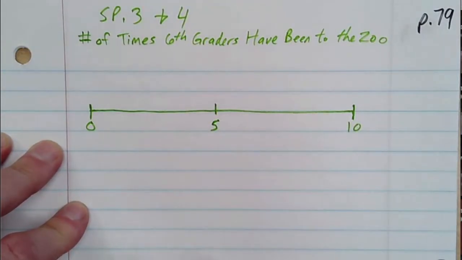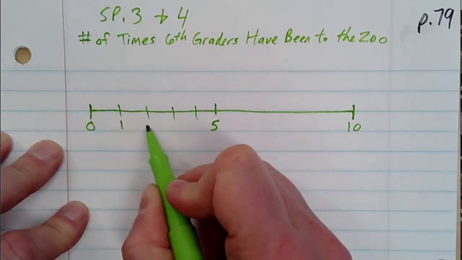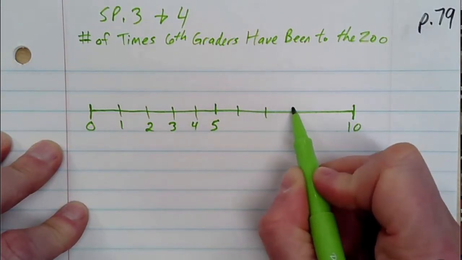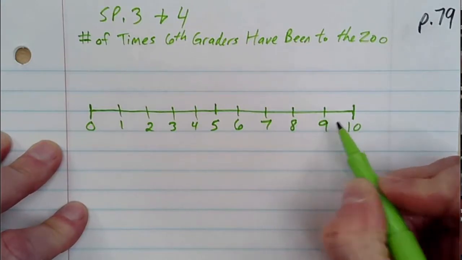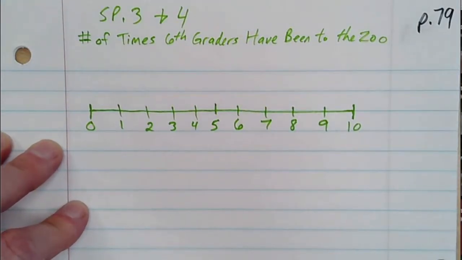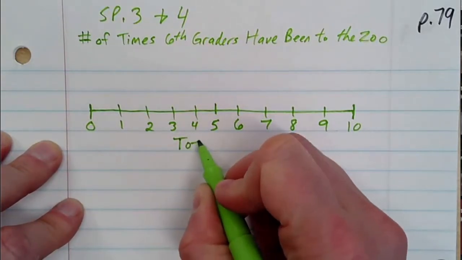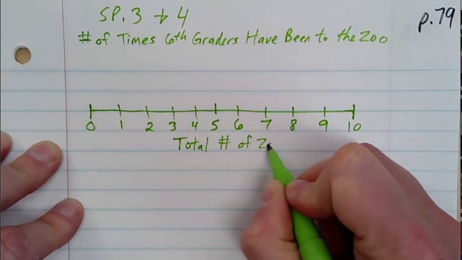And then we have to try to evenly space our 1, 2, 3, and 4, 6, 7, 8, and 9. Down here, the label is total number of zoo visits.